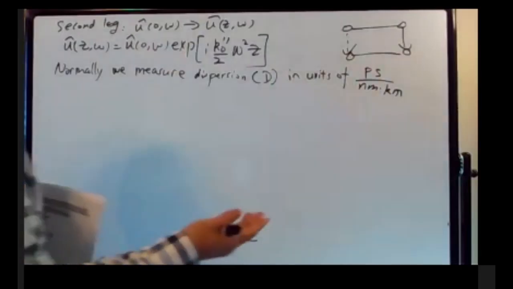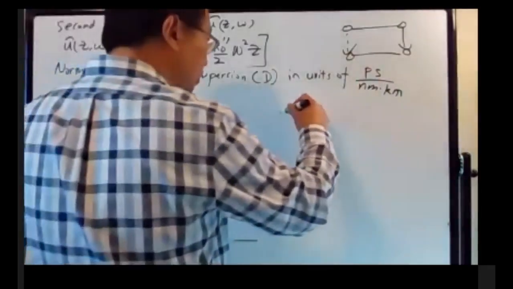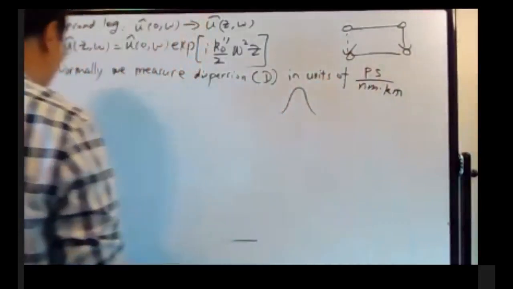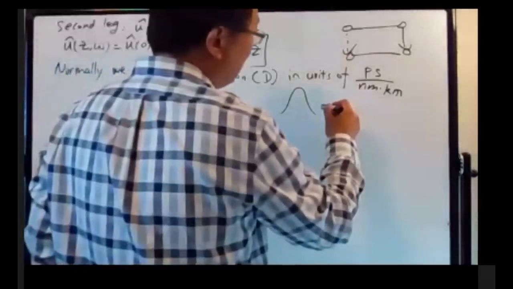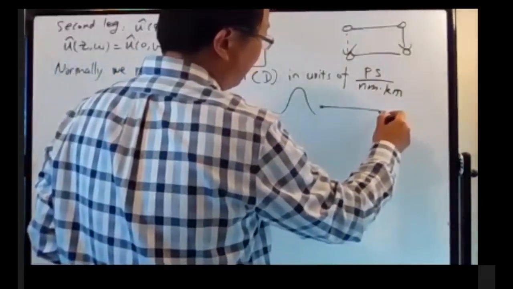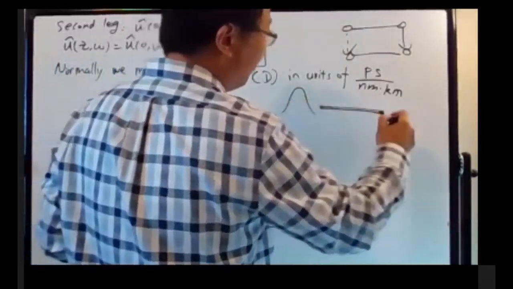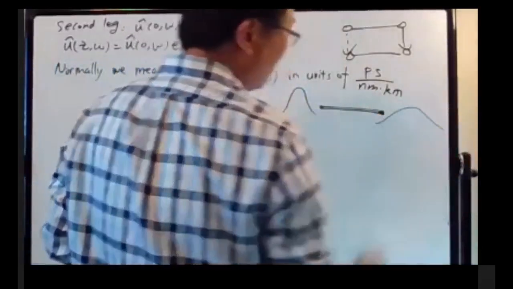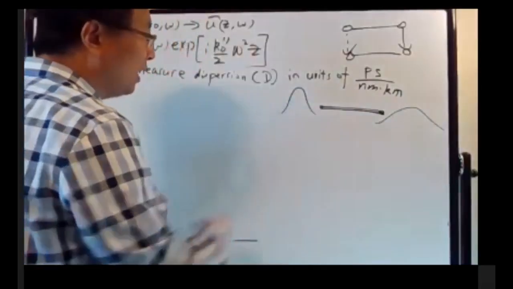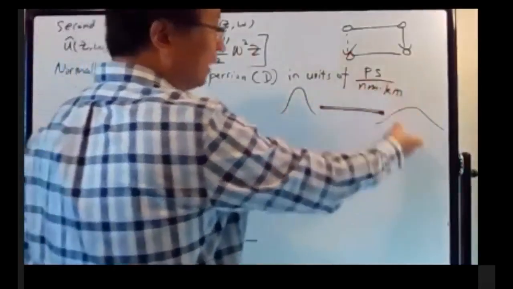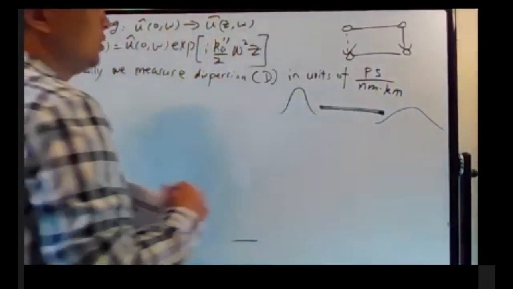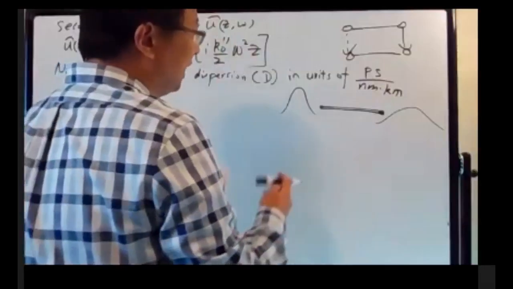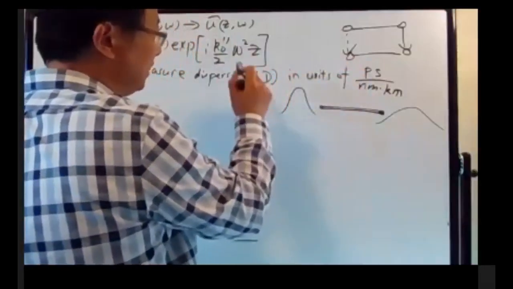Why? So here's the dispersion, right? What is dispersion? Dispersion is due to different frequencies propagating at different speeds. So after a section of fiber, the pulse becomes wider, because some of the frequencies propagate slowly and some propagate fast, right? So we want to see how to quantify this dispersion.